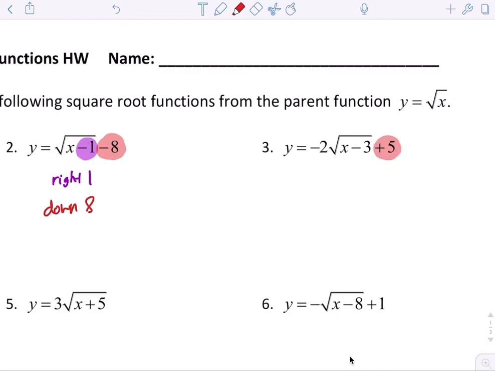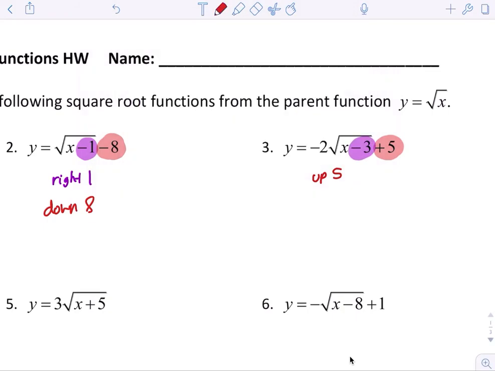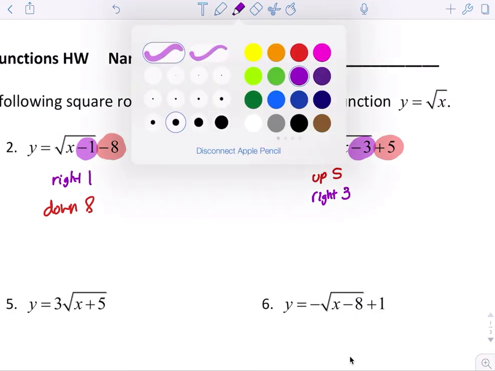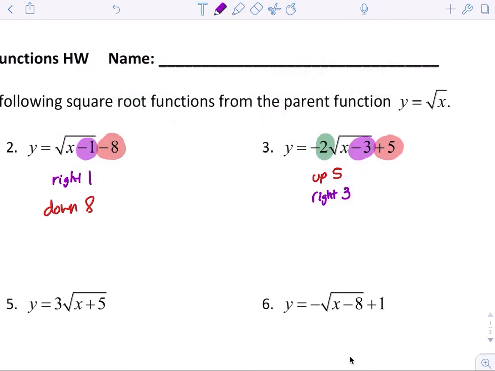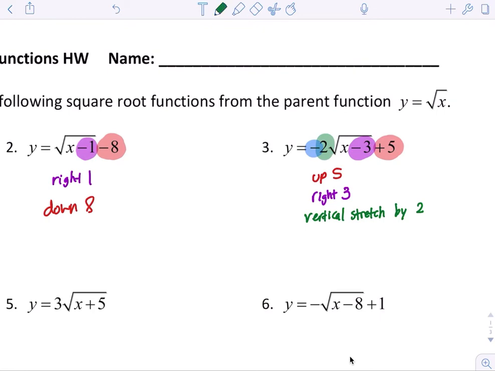Alright, over here. Plus 5, that's up 5. Minus 3 would give you right 3. This 2 is a vertical stretch by 2. And this negative sign is a reflect across the x-axis.